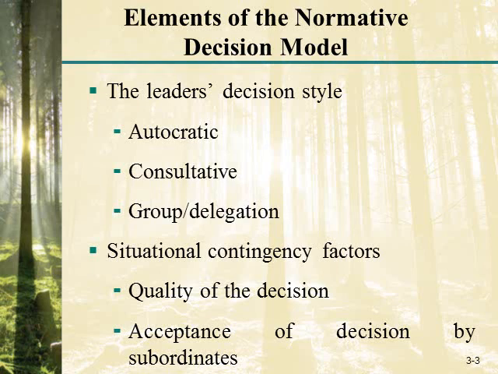So we should care about the quality of this decision, and we should care about the acceptance of the decisions by the others. If I come back to the leader's style, here we may face, for example, autocratic versus consultative versus group delegation.